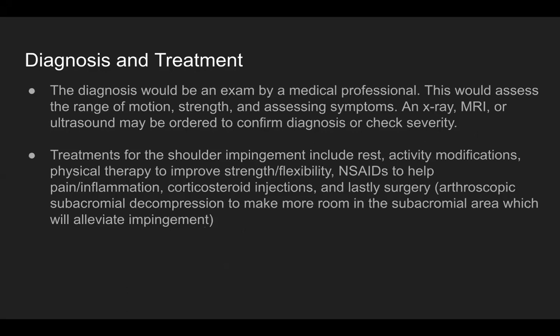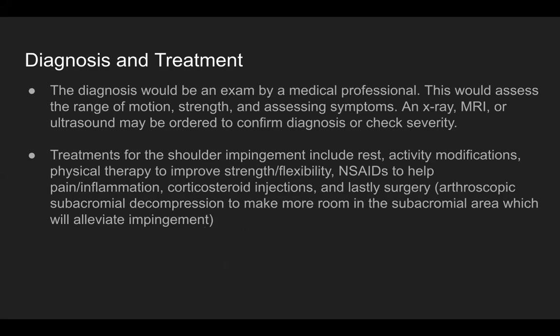And then some diagnostics and treatment. So diagnosis would be an exam by a medical professional. This assessment would include the range of motion, strength, and assessing symptoms. An X-ray, MRI, or ultrasound may be ordered to confirm diagnosis or check severity.